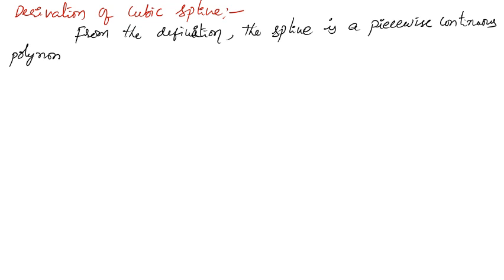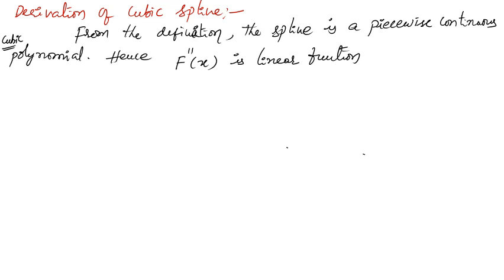Hence, a piecewise continuous cubic polynomial. What is this polynomial? Spline cubic polynomial. For a cubic polynomial, what is f double dash x? The second derivative is linear, that means a straight line. F double dash x is a linear function of x in all the subintervals or intervals.